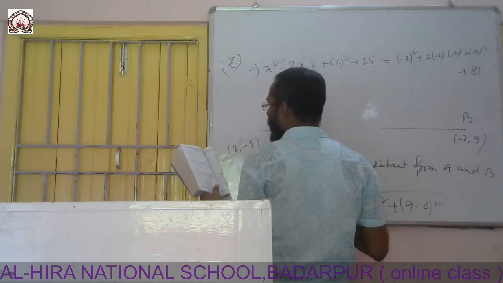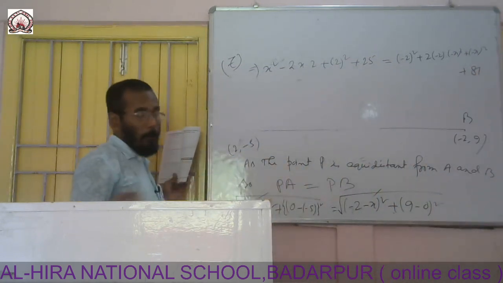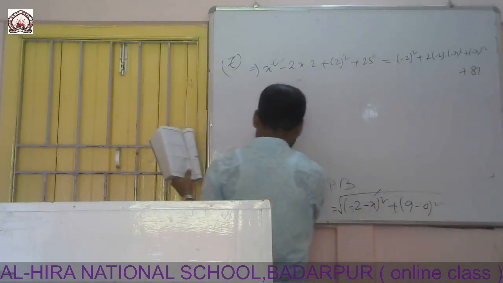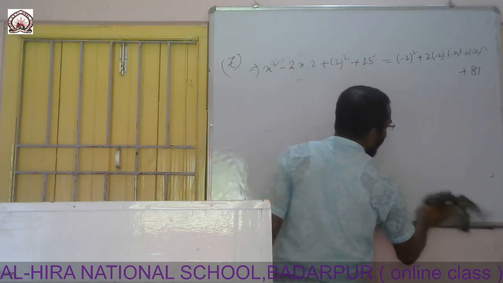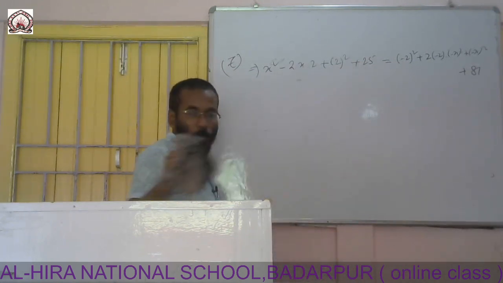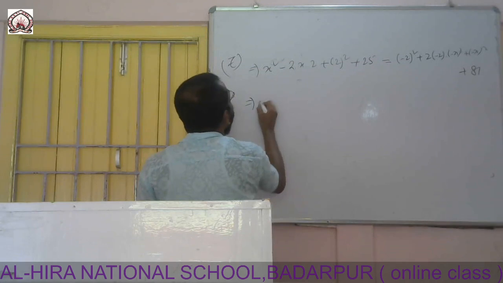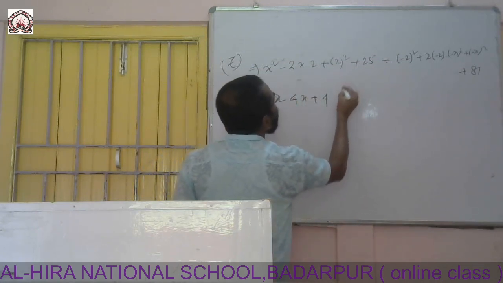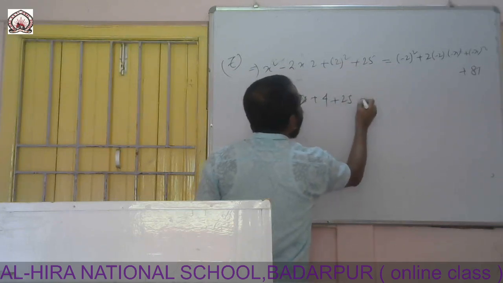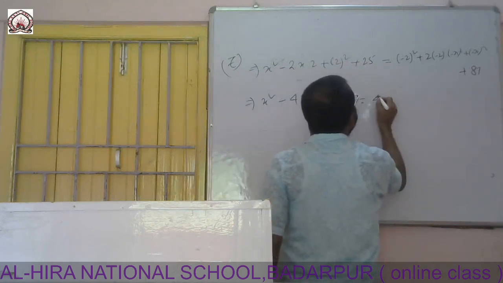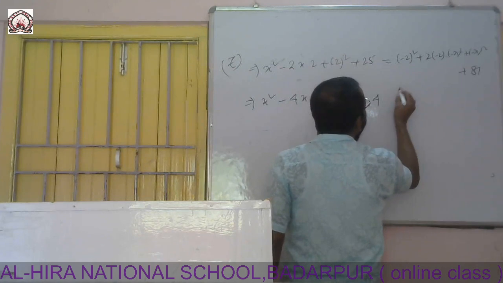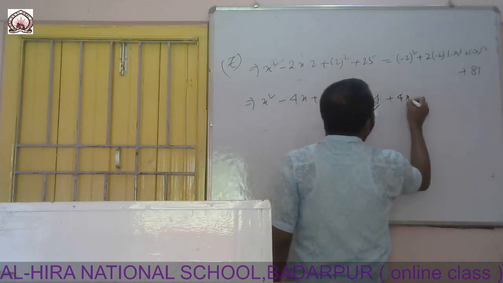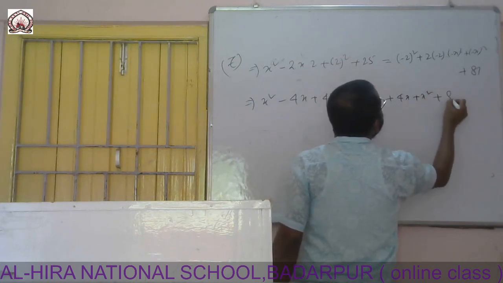So we are writing it as x square minus 4x plus 4 for simple calculation, and then plus 25, and this will be plus 4x plus x square plus 81.